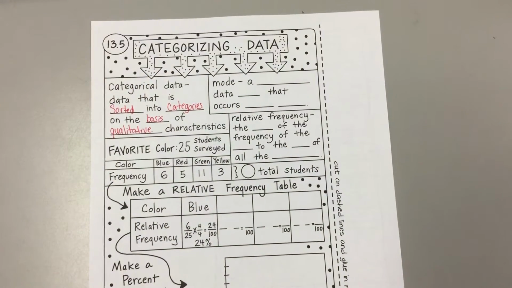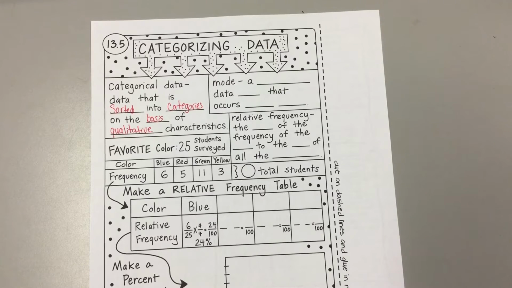That's the official definition of categorical data. Ultimately, instead of numbers, we're sorting data based on red, blue, green, or cat, dog, horses, whatever. That's what qualitative is, okay?